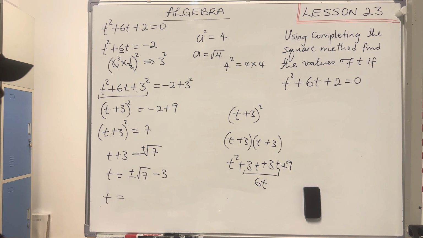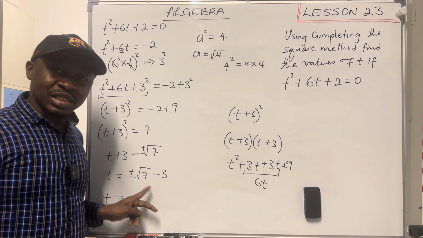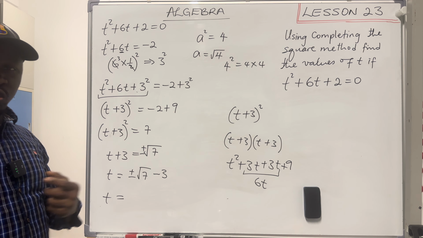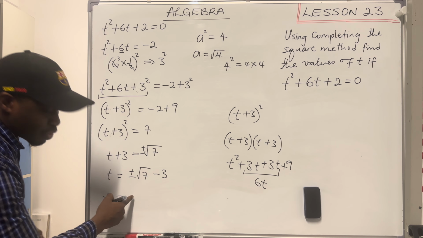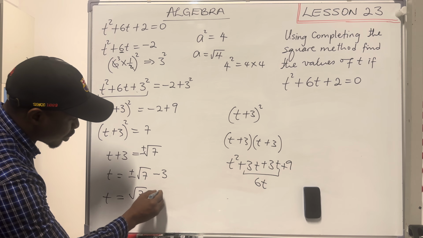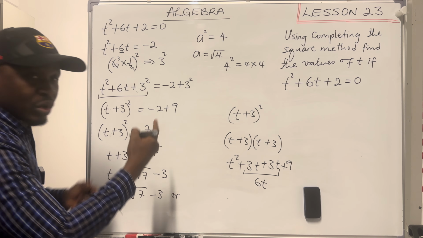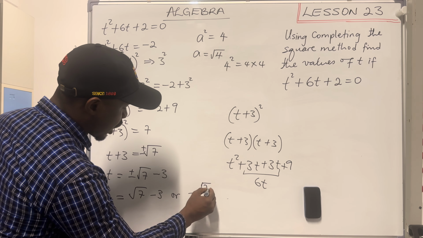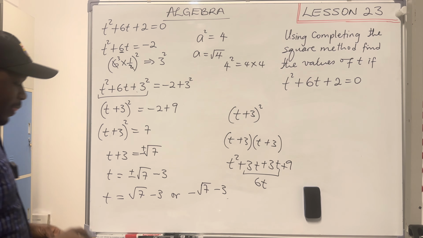So this one, plus or minus root 7, means there are two cases. We have the plus, we have the minus. So let us use one at a time. We'll start with plus root 7 minus 3. Or now we start with the minus root 7 minus 3.